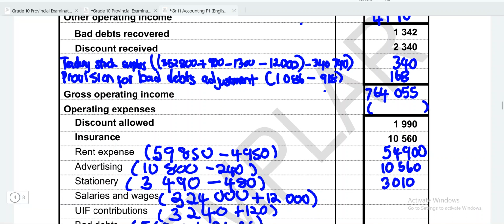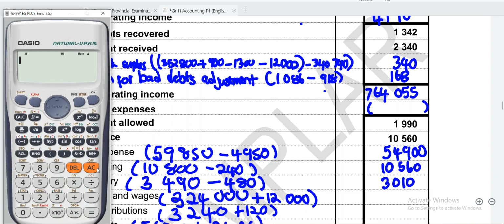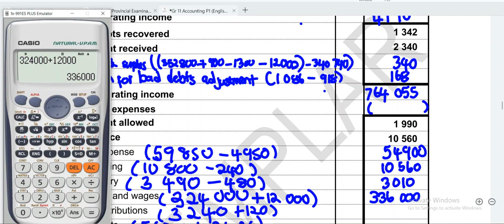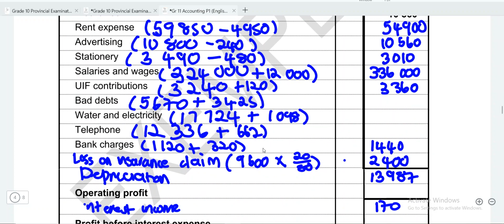Then if we say 324,000, we say plus 12,000, it is going to give us 336,000. Then if we say 3,240 plus 120, it is giving us 3,360.